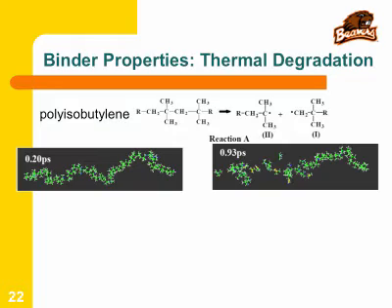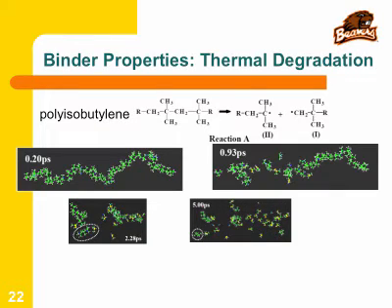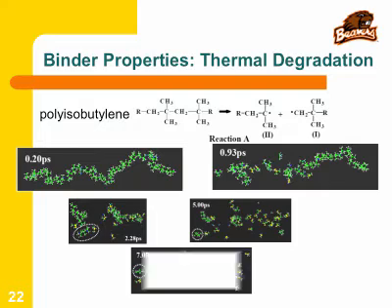Okay, so the probability of a chain breaking at a certain temperature by overcoming bonding forces can be calculated, and basically at a given temperature, if you wait long enough, more bonds can be broken. The probability of bond breaking is higher, and so you can end up making smaller and smaller fragments.